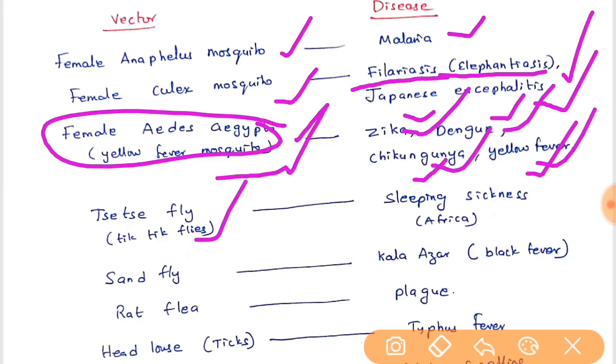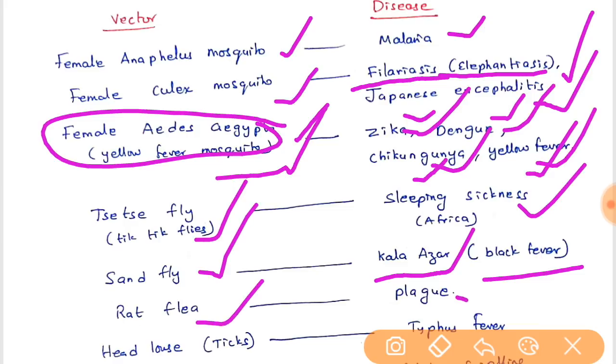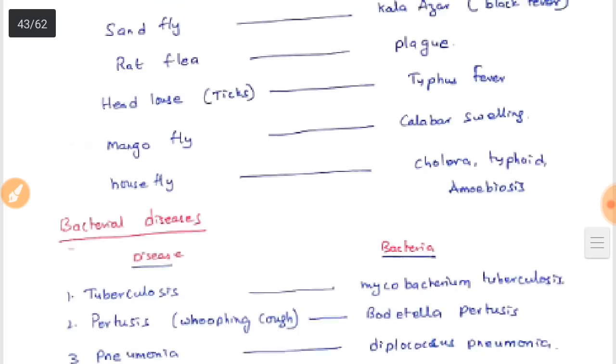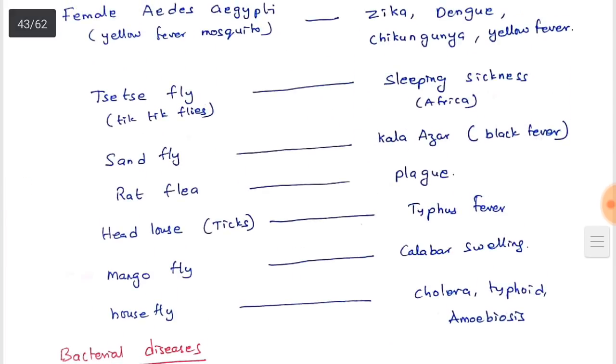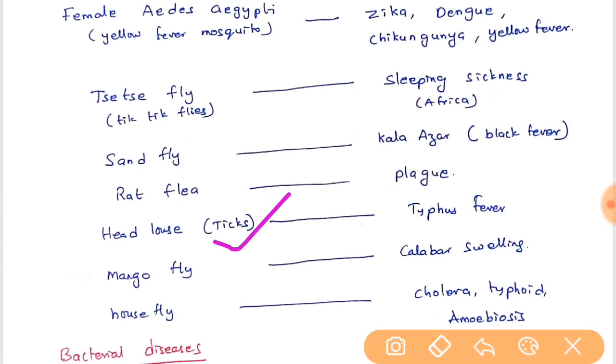Tsetse fly causes sleeping sickness in Africa, friends. Sandfly causes black fever, and this disease is also known as Kala Azar. Rat flea causes plague, friends. Lice or ticks cause typhus fever.